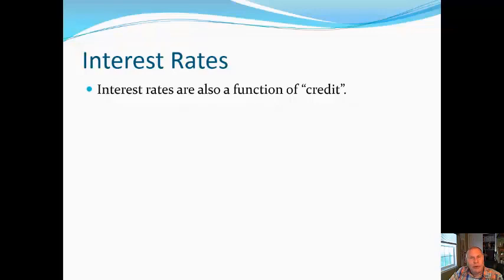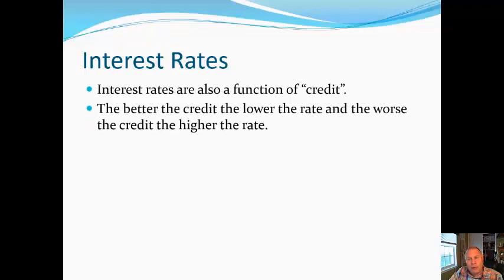And we're going to get into that momentarily. But the better the credit, the lower the rate, and the worse the credit, the higher the rate. So if you have good credit, the rate's going to be lower because the risk is lower. The worse the credit, the higher the risk, and thus the higher rate.